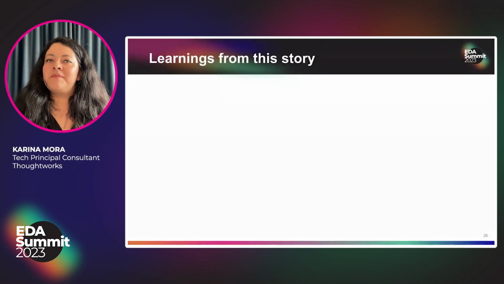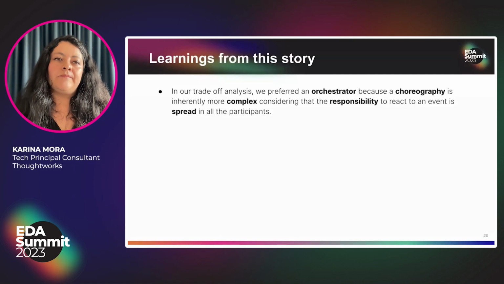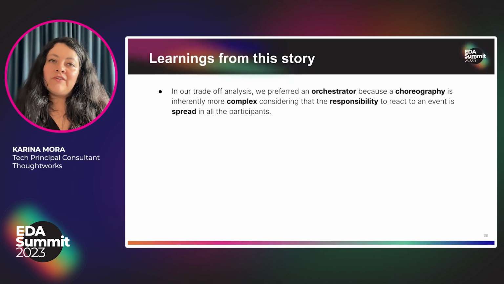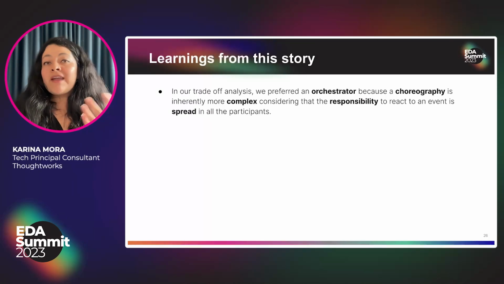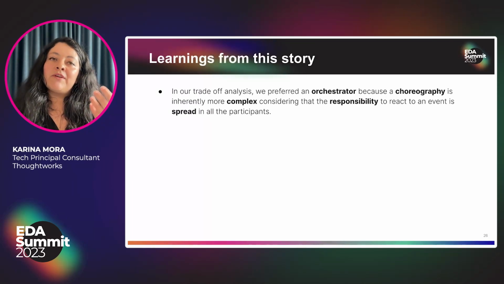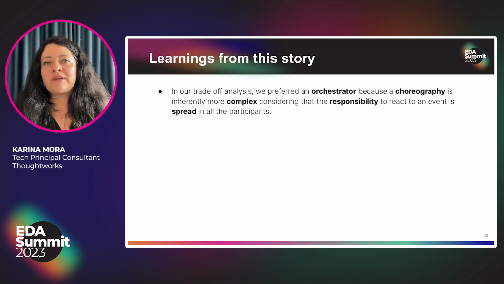Some learnings from this story, which is a little different from the first one I talked about. Again, we need to do a trade-off analysis, and we chose an orchestrator. We were able to develop the same solution with a choreography, but we considered it inherently more complex, and we wanted to reduce the risk of failure in this completely distributed paradigm of managing the compensation.